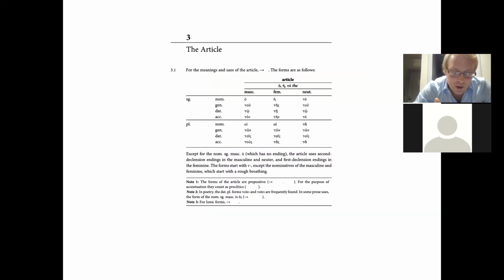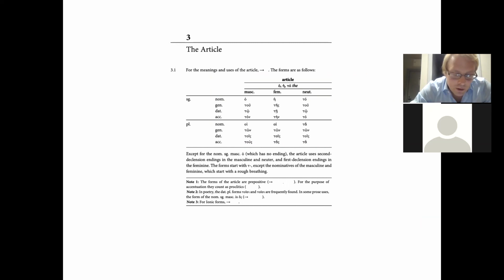Okay, so we will now overview the paradigm for the inflection of the definite article as it is presented in the Cambridge Grammar. This means that we will again leave out the rare dual number, although definite articles in the dual are encountered in classical Greek texts as well.